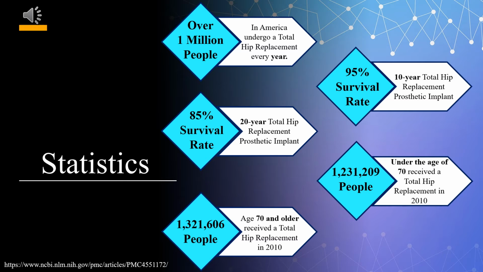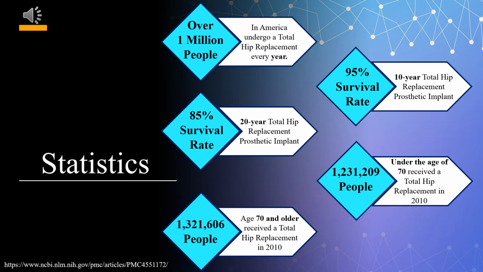The 10-year prosthetic implant survival rate is at 95%, and the 20-year prosthetic implant survival rate is at 85%. If you remember back to the beginning of the presentation during the history and development, those statistics were only in the 70%.